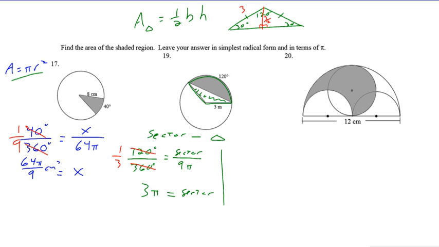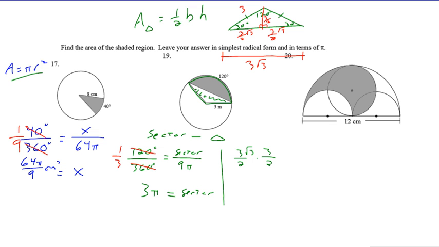So the area of the big triangle, the base of this triangle, each half being 3 root 3 over 2, becomes a full 3 root 3. So the area of the triangle is going to be half the base times the height.